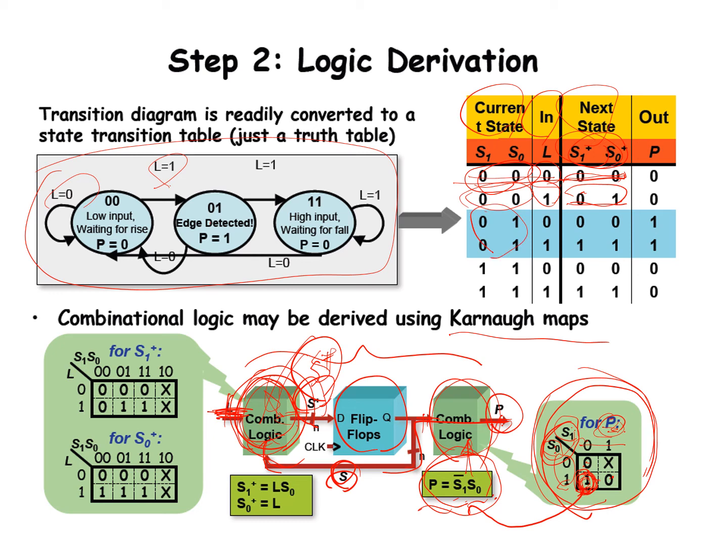In the same way, if we have a 0, 1 state, then depending on the input, the next state is determined, right? We can fill in all these things, and then looking at this, we can optimize it to generate the output S plus. So S1 plus can be L and S0, right? L is 1, so the case of 1 is here, 1, 1.